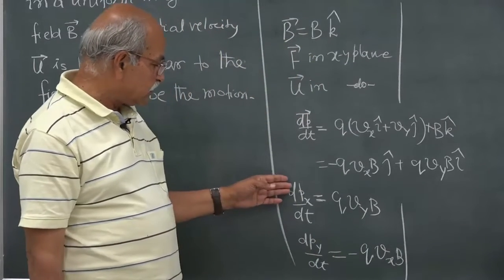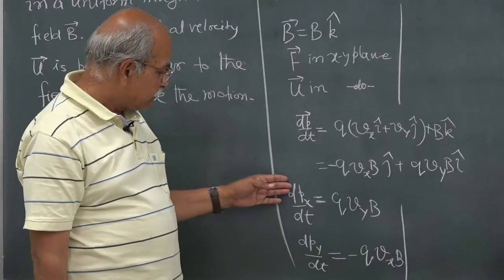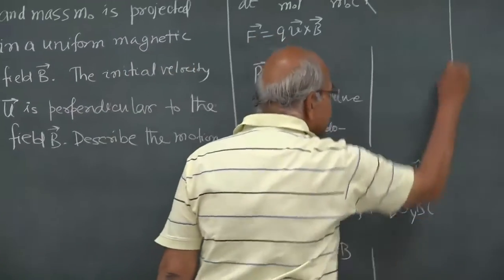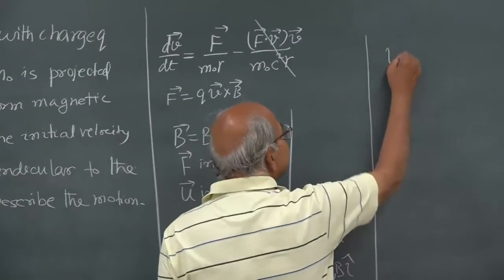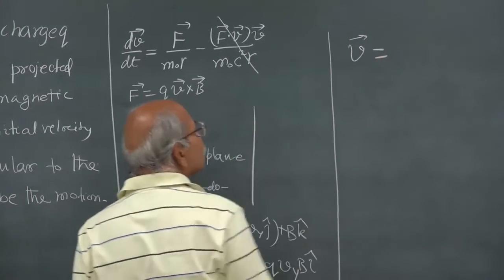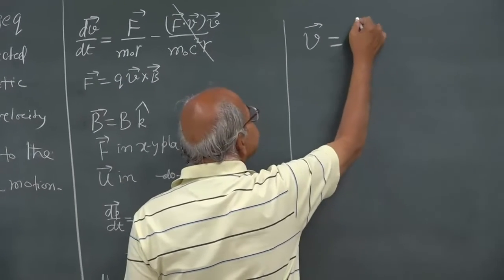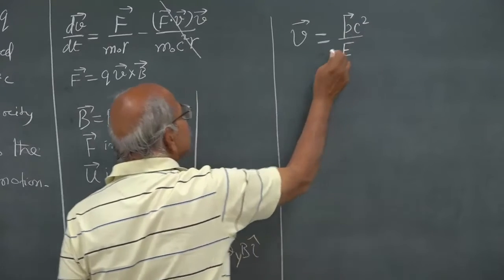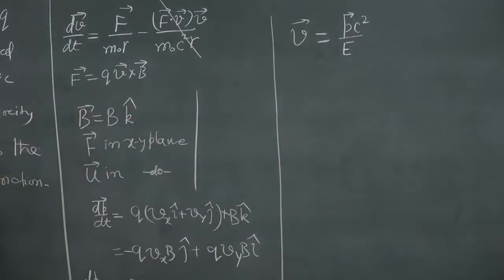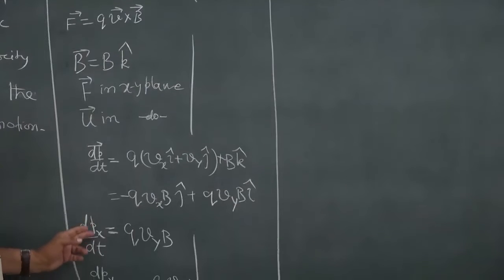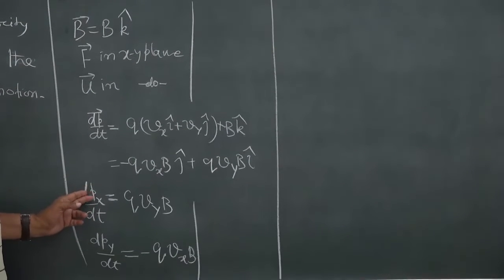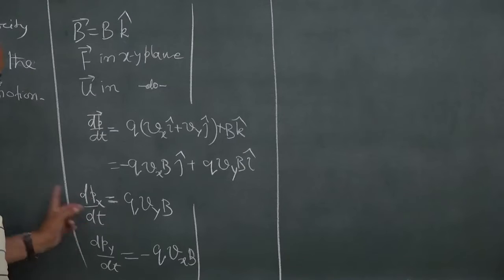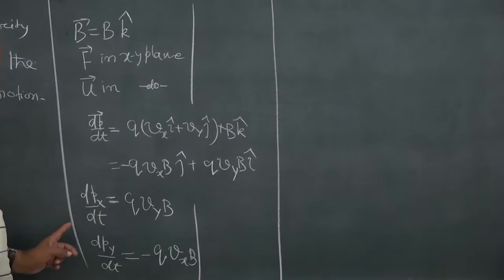I can write this in terms of Vx and Vy, and for that again I will use the same equation, V is equal to P c square by E, where E is the total energy. Because if I try to write dVx dt directly, it will be difficult because of that square root 1 minus V square by c square coming in all the time.